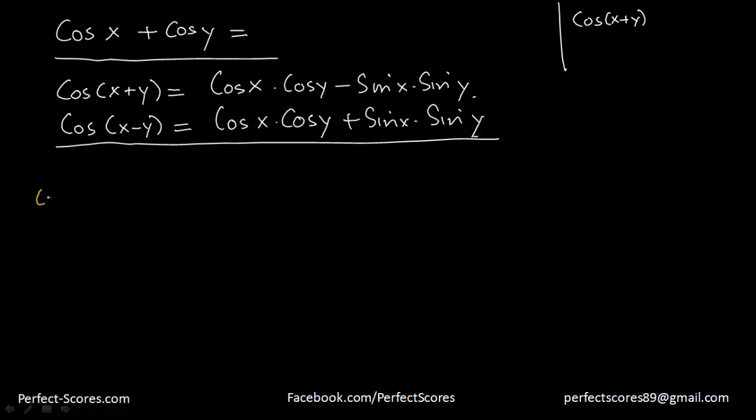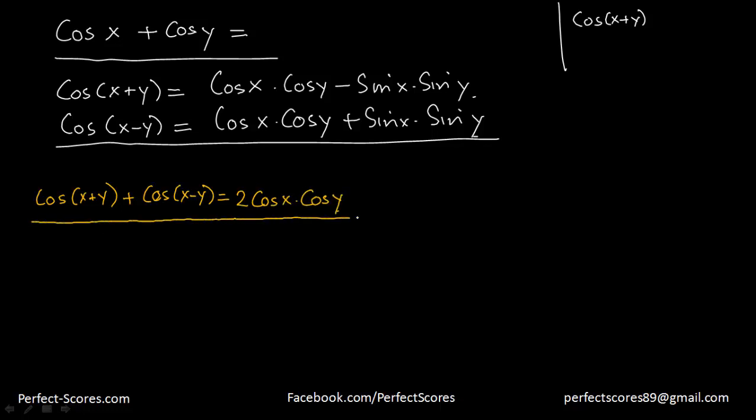Then cosine of x plus y plus cosine of x minus y will be equal to, this and this will get cancelled out, 2 times cosine of x into cosine of y. That's again a very, very important expression.